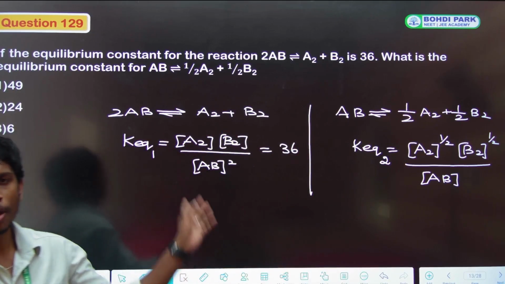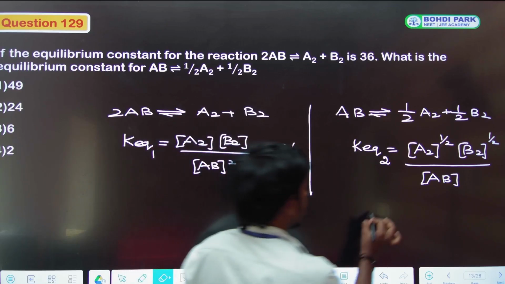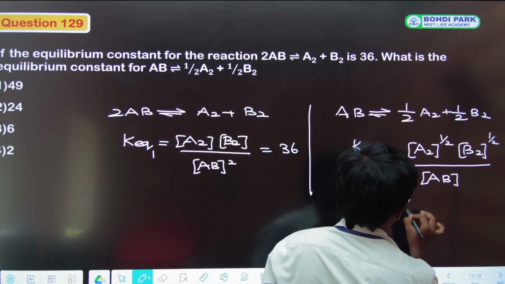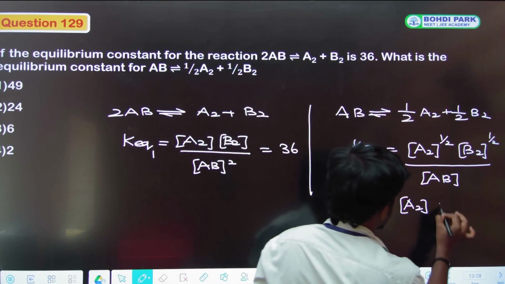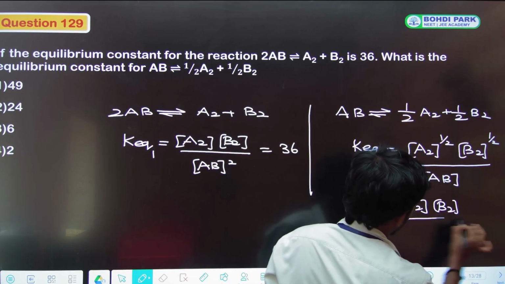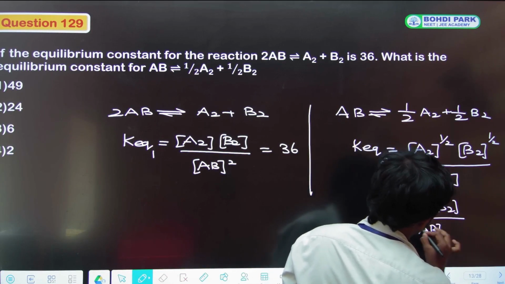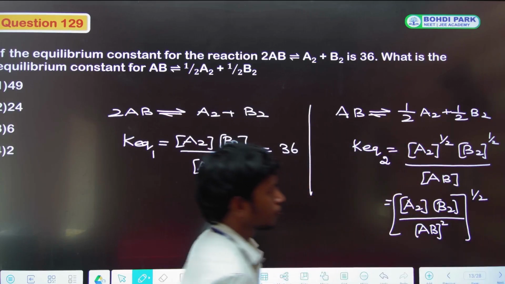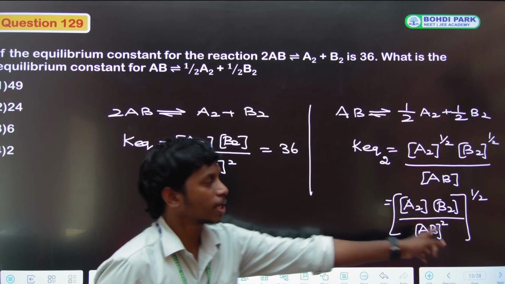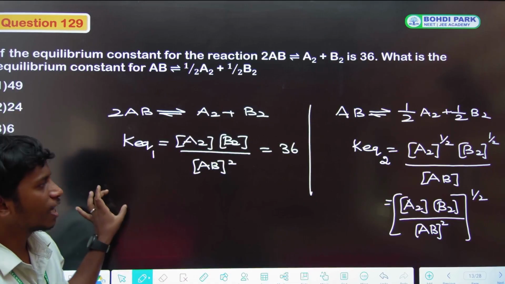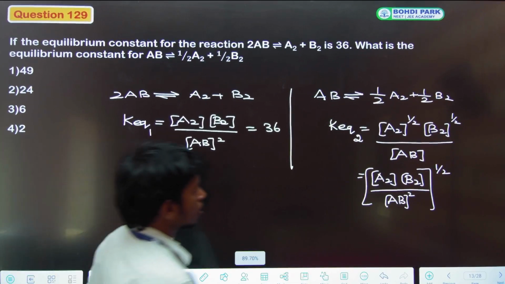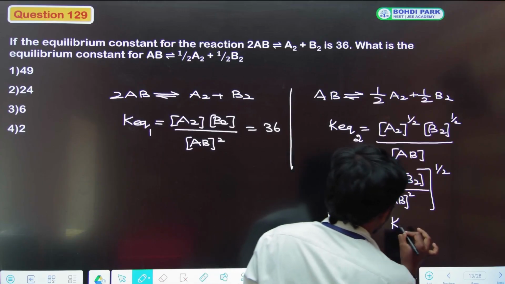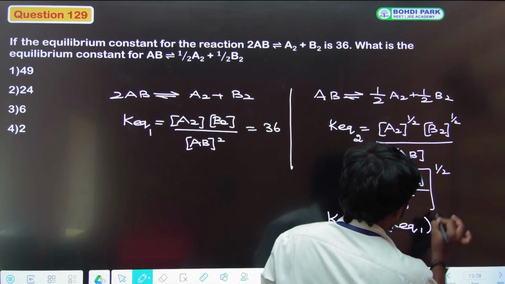Now if we take 1/2 as common from everything, concentration of A2 into concentration of B2 divided by concentration of AB the whole square, here the power 1/2 comes. Okay? What is this value equal to? It is equal to KEQ1. KEQ2 is equal to KEQ1 power 1/2.